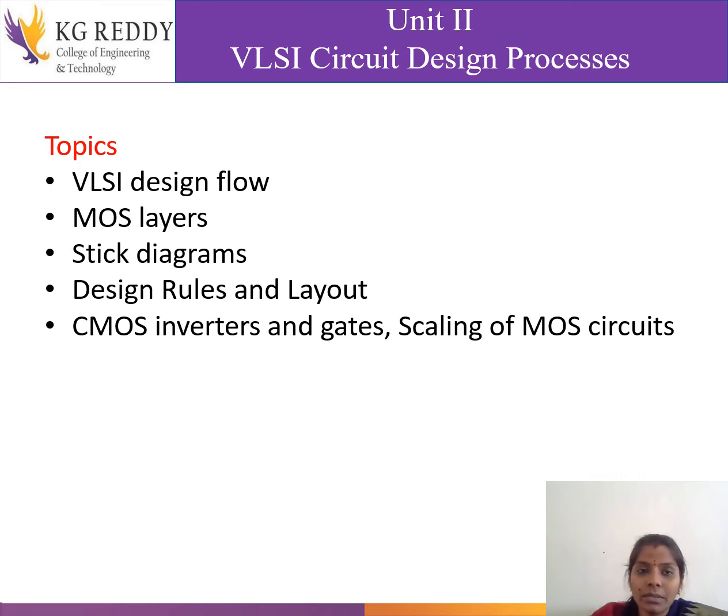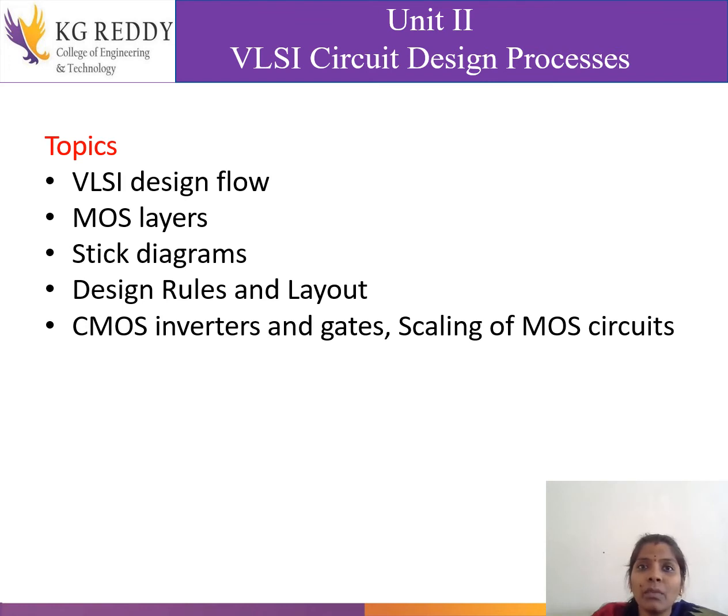When we talk about Moore's law, it says that every 18 months, the number of transistors needs to be doubled on an IC. That means, suppose if I am placing 20 to 30 transistors, by 18 months those 30 transistors need to be doubled. That means 60 transistors will be incorporated. This is on a printed circuit board, not on an IC.